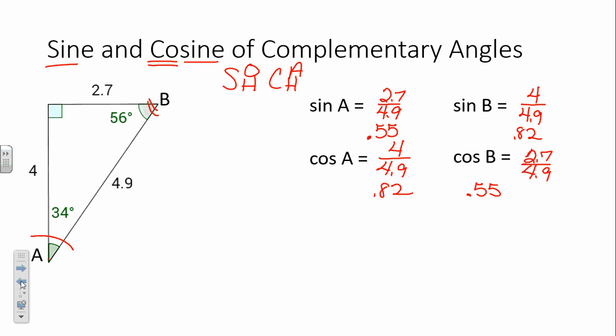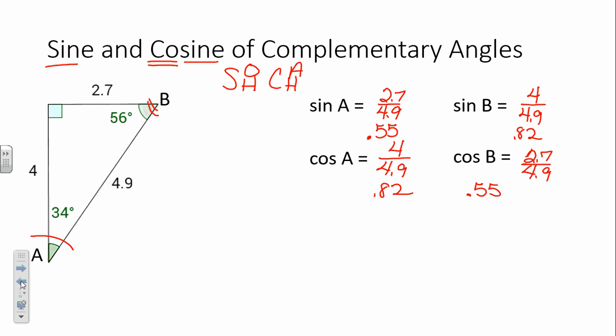How are 34 and 56 related to each other? They add up to 90. And what's our term for angles that add up to 90 degrees? They're complementary. So sine and cosine are complementary trig values.